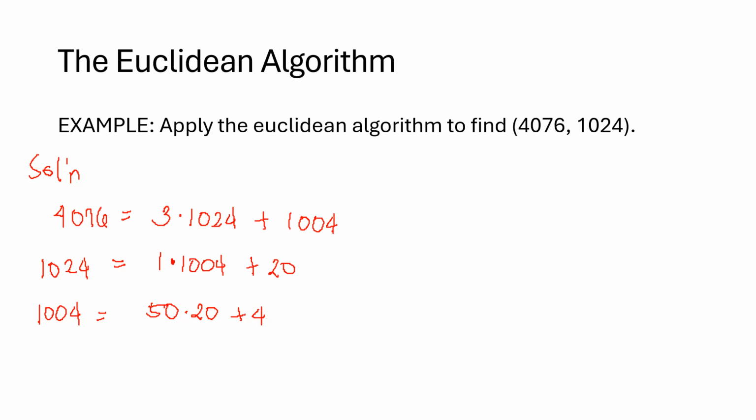And then 20 is equal to 5 times 4 plus 0, of course. Therefore, the last non-zero remainder is 4. Therefore, we can now say that the GCD of 4076 and 1024 is equal to 4.